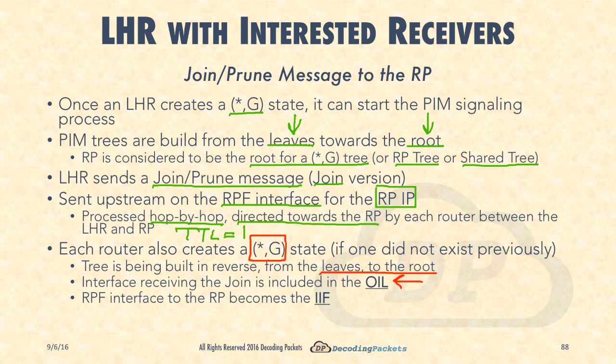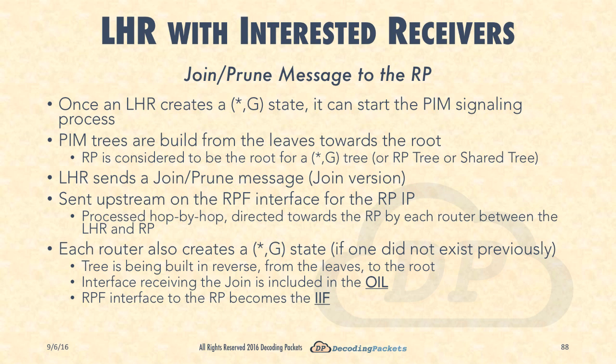And the RPF interface where the router is going to further relay this particular message, so it's going to send it towards the RP, that RPF interface to the RP becomes the incoming interface, or the IIF. So both of those things combined then create this tree.